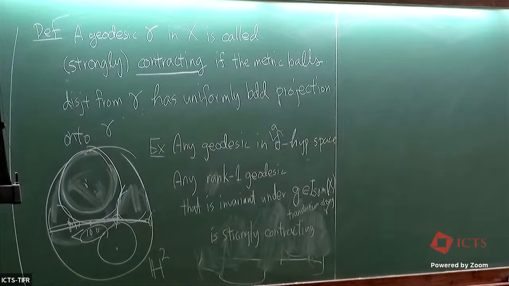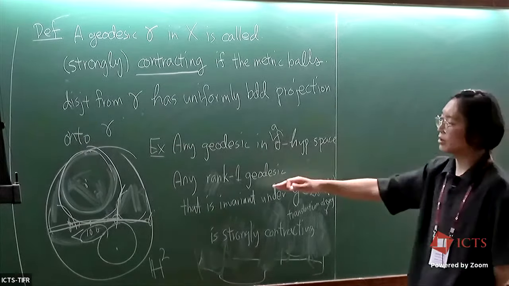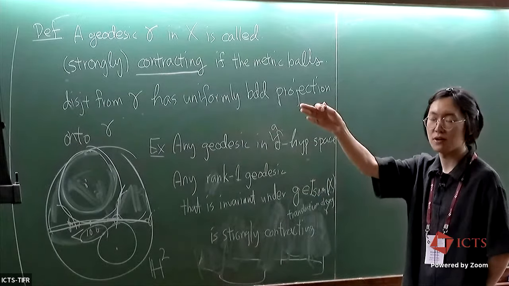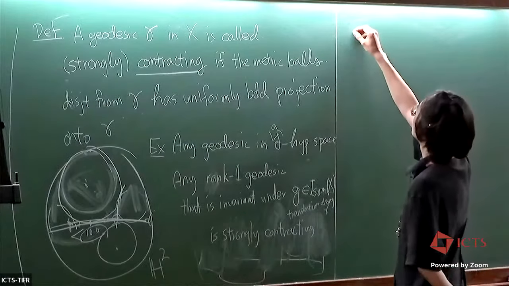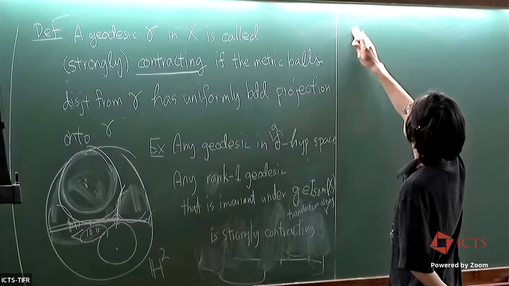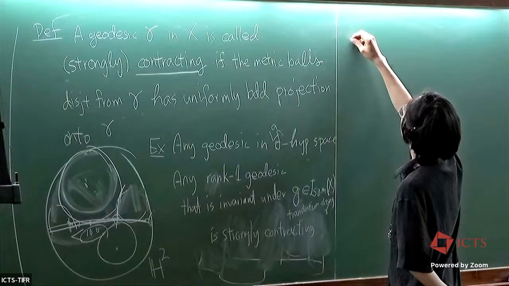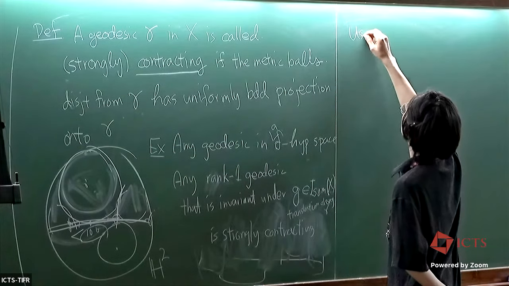Okay, so this is a reformulation of rank 1 geodesic that I tried to define there. Why is it useful? Its advantage, or usefulness.